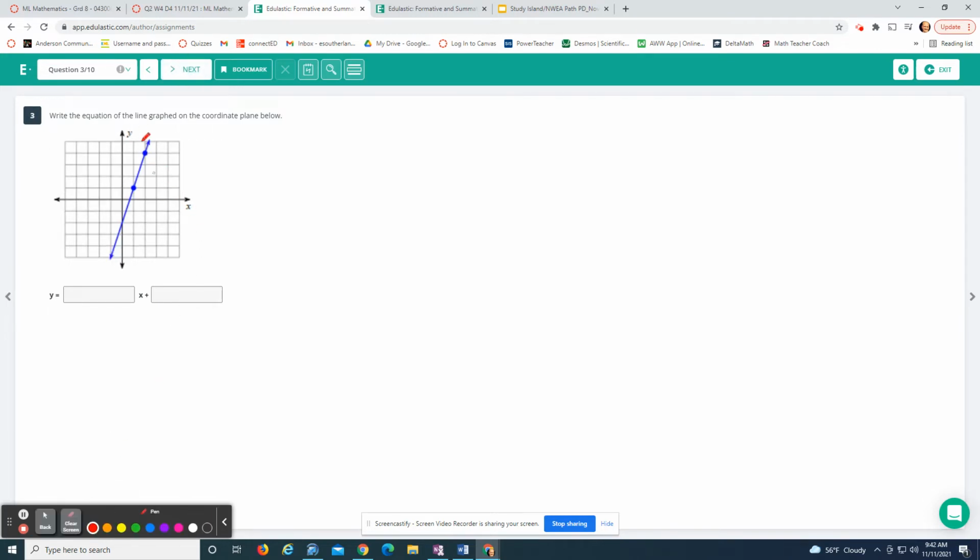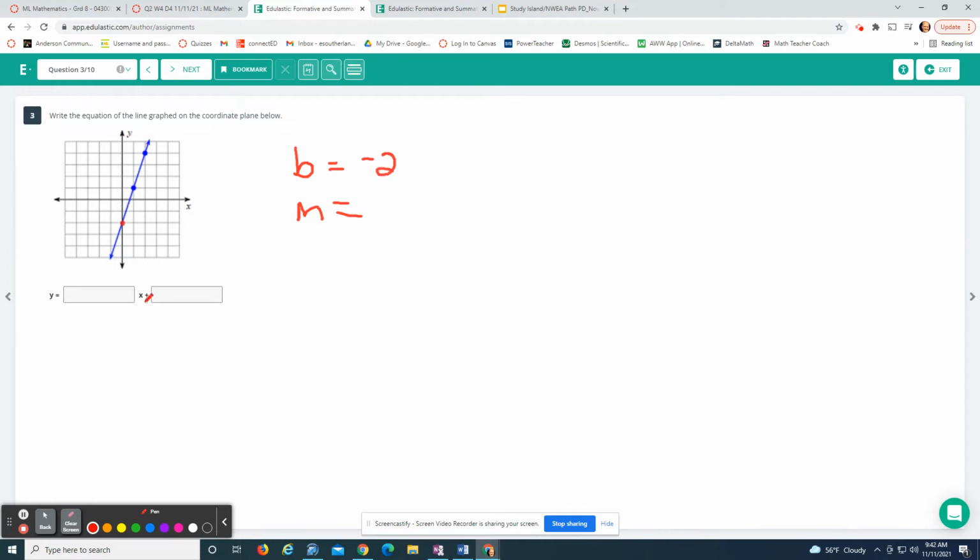So question number 3, you're still going to find what B is and you're going to find what M is. But the B on this is a little bit different, because it crosses here, which if we check would be 1, 2, but it's negative 2, right? Because it's below that line, so negative 1, negative 2.